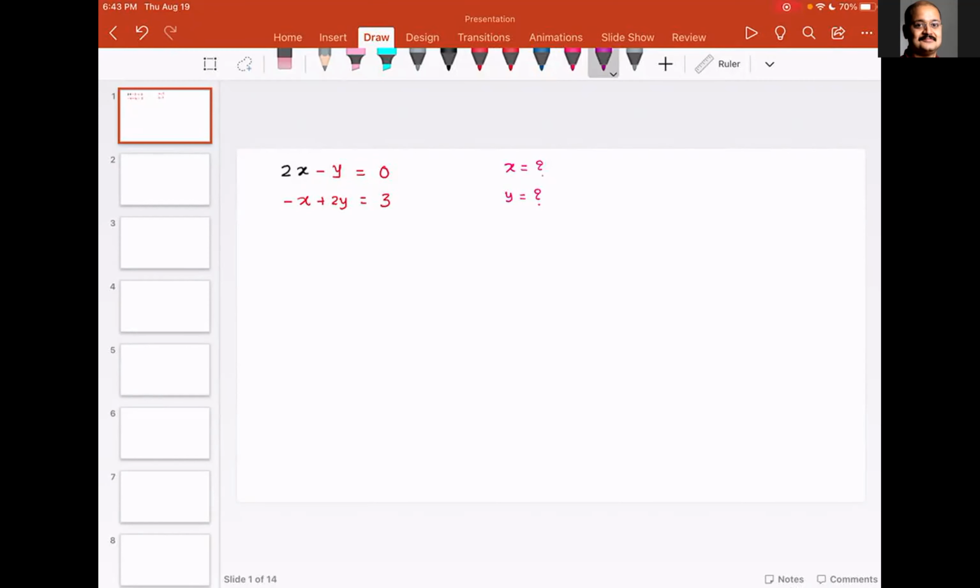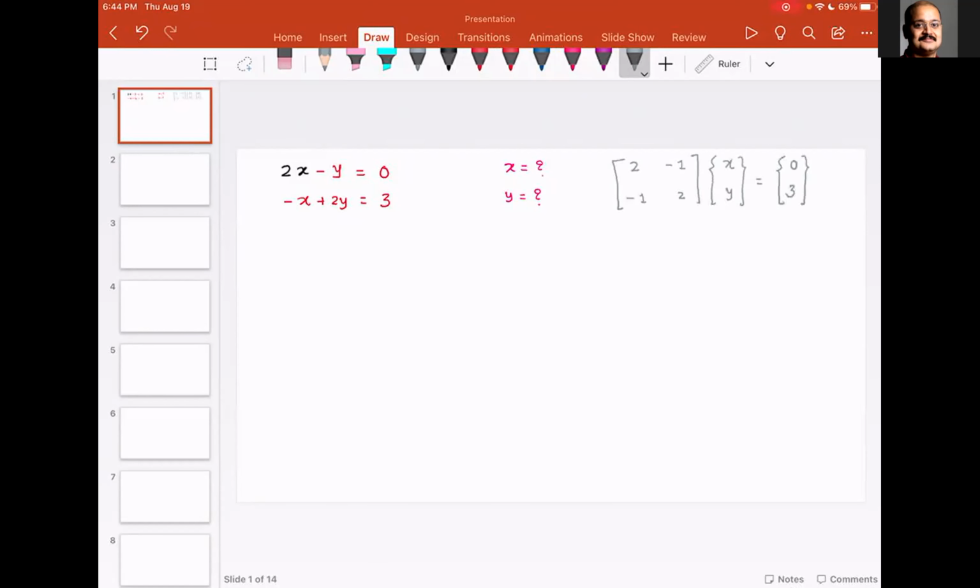That's why in linear algebra we are trying to solve linear equations. This is what you probably studied in your undergrad. This equation can be solved multiple ways. The easiest way is to write it as the matrix [2 -1; -1 2] multiplied by [x y] is equal to [0 3].